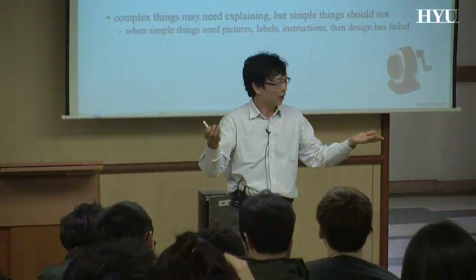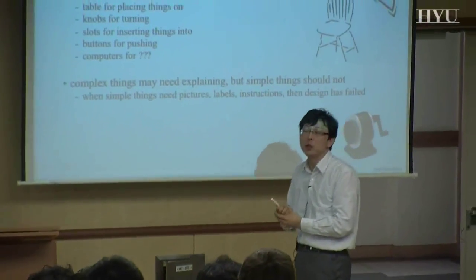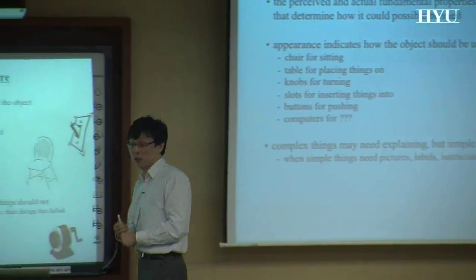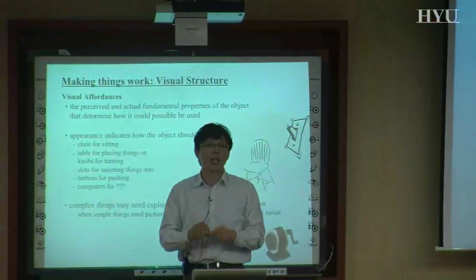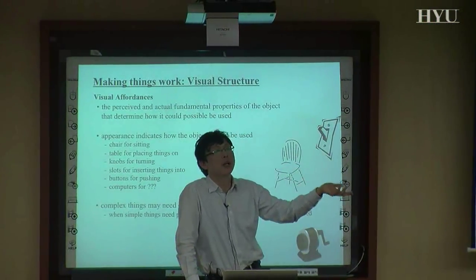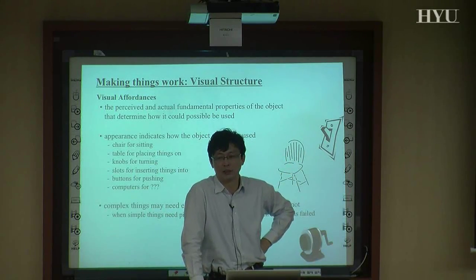Okay? That's why Donald Norman simply used Gibson's affordance in information design or product design. So that's the major contribution by Donald Norman. The affordance concept comes into design, industrial design, product design.